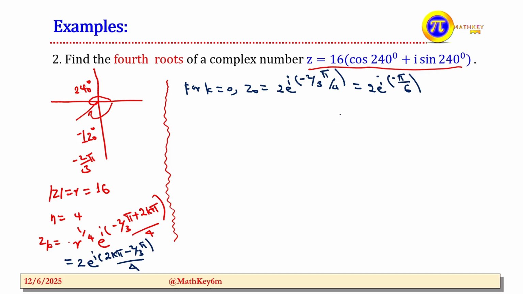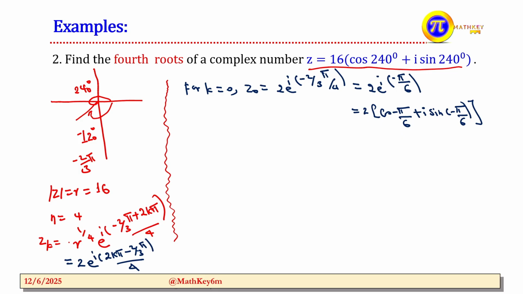Here we have our result now, which is equal to 2 into cos of negative pi over 6 plus i sine of negative pi over 6. Since cosine is an even function, cos of pi over 6 and cos of negative pi over 6 have the same value.